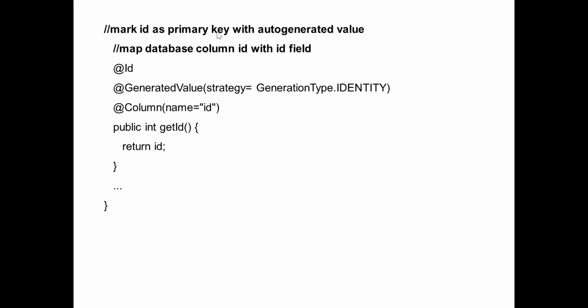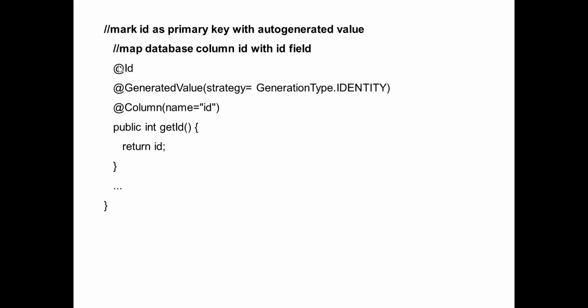Then once again I have to mark the primary key, that is the ID. So mark ID as a primary key with an auto generated value, because when you assign the primary key ID in the database, the ID will be auto generated one by one, so there is no duplicated value. And this ID will map the database column ID with the ID field. So how do we annotate this ID?